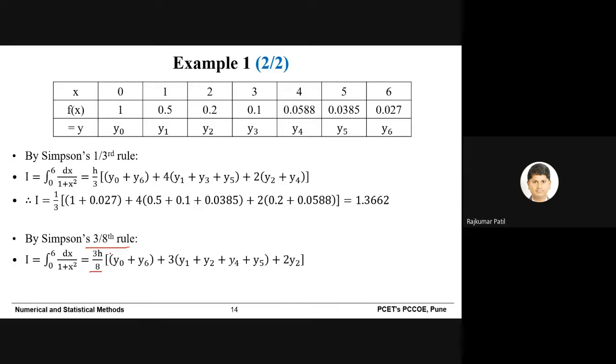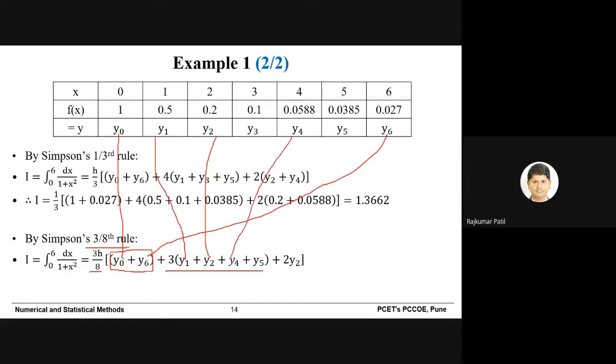Again, in the bracket there will be 3 sub brackets. In the first sub bracket, the first value of y, that is y0, and the last value of y, that is y6, plus 3 into the bracket y1 plus y2 plus y4 plus y5, and plus 2 into the bracket the values of y which are multiples of 3, that is y3. So this is y3, not y2.